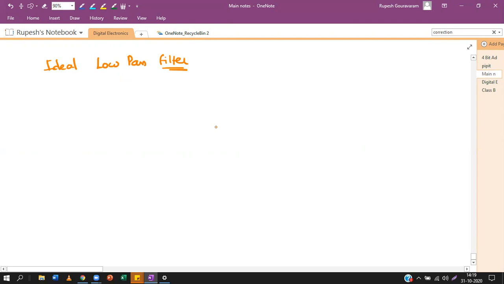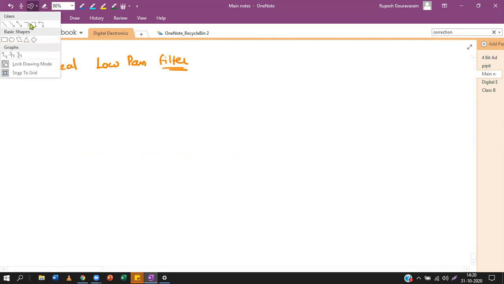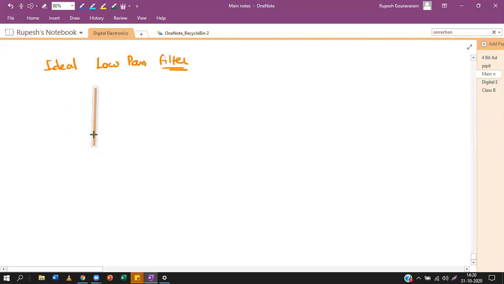Low pass means it will pass the, suppose let us draw a diagram. So a low pass filter is the one.